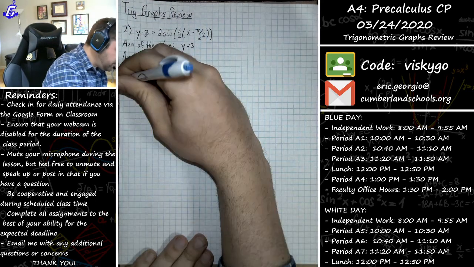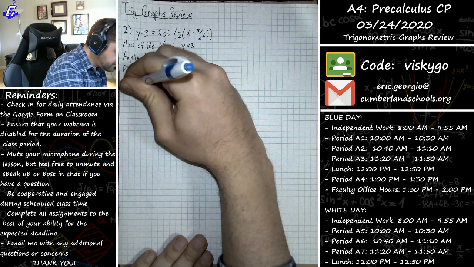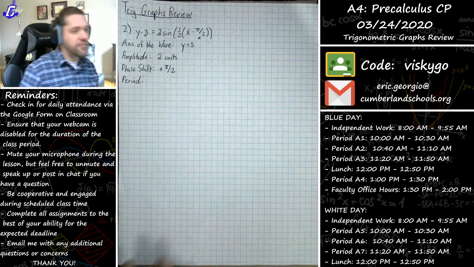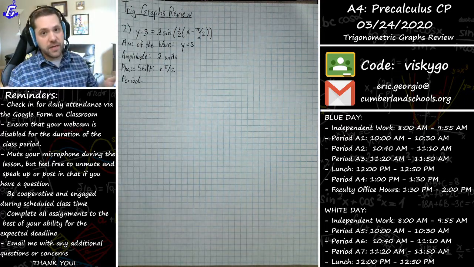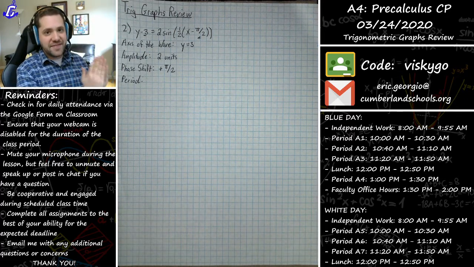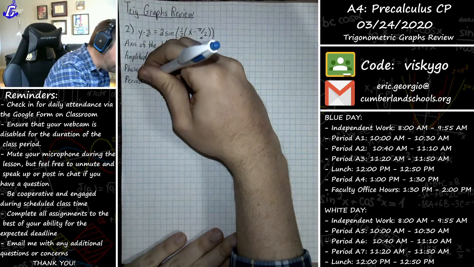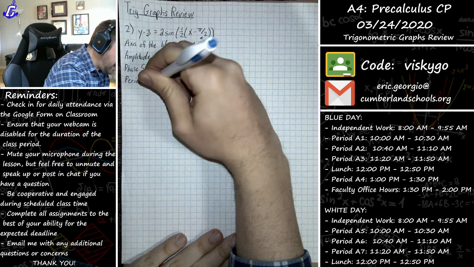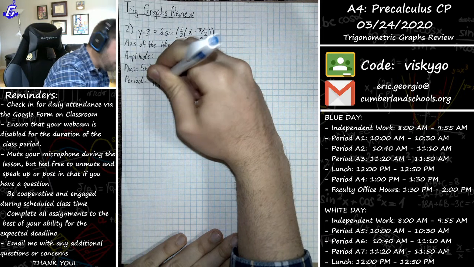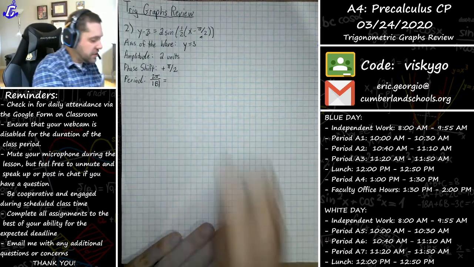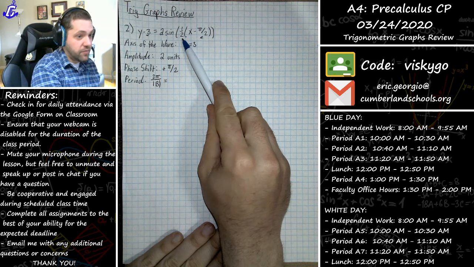And last but not least, we have the period. The period is the amount of time that the graph takes to complete a cycle. To find the period, you may remember that we do 2 pi over the absolute value of b. In our equation, this value is what's referred to as b.